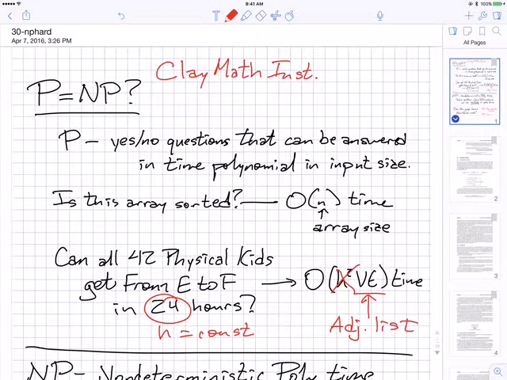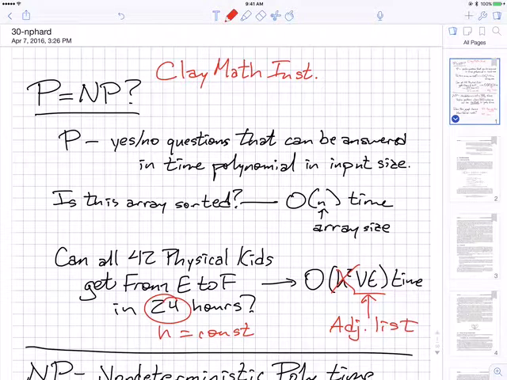This is a 100-year later update from a list of 30-something problems that David Hilbert proposed at the International Congress of Mathematicians in 1903, I think it was. And that list of Hilbert problems kind of drove mathematics research for many decades. So the Clay Math Institute said, okay, we're not going to be as ambitious as Hilbert. We're not going to come up with dozens of these. We're only going to come up with 7.